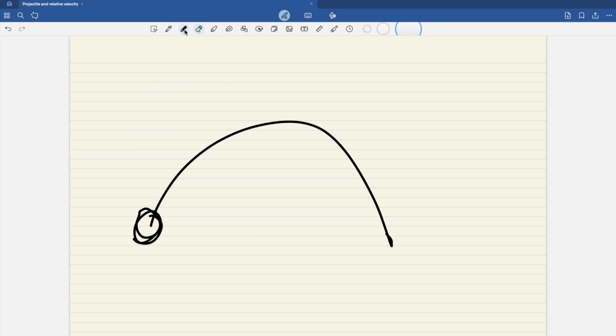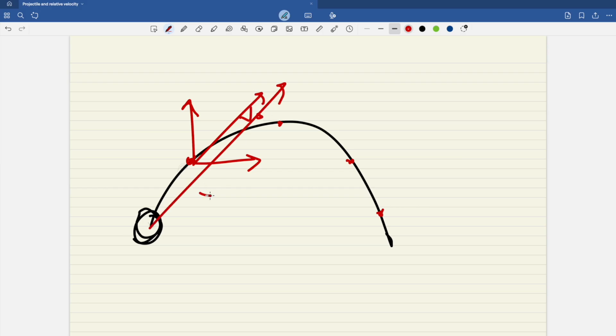What I'm trying to tell you is, suppose at this point, and at this point, and at this point, there's a velocity, as the object was thrown at a velocity of v naught. So at every point there is a velocity.